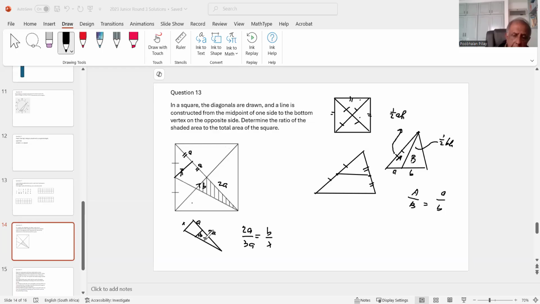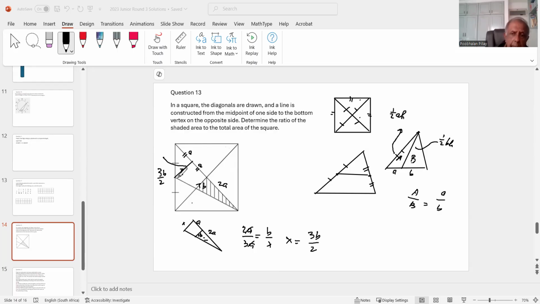So this shaded triangle has the same angles as that triangle. So therefore, the A's cancel, and so 2X is equal to 3B, so X is 3B over 2. So this thing here is 3B over 2.